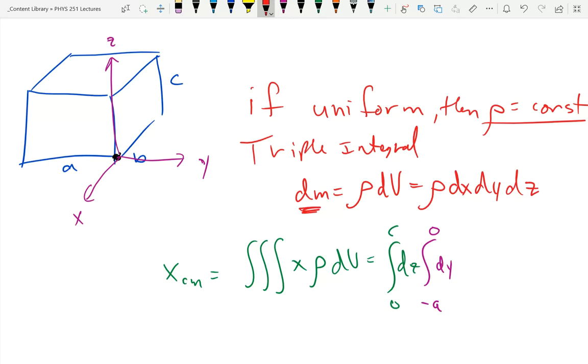And then I have the integral of dx. What's x going from? It's actually 0 to minus b or minus b to 0, depending on which direction you're going. I'm going to go from minus b to 0, because my origin was here in the front corner. Can't you draw your x going into the board, though, if you wanted?